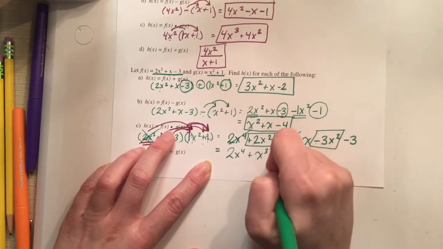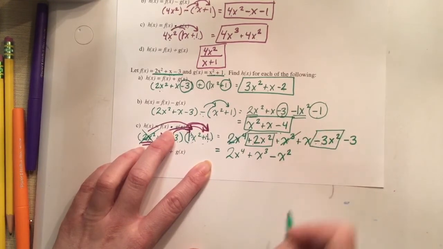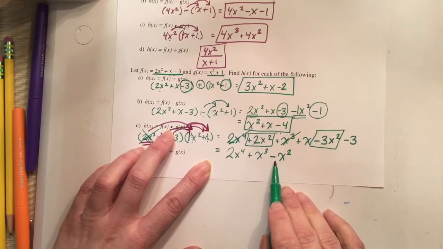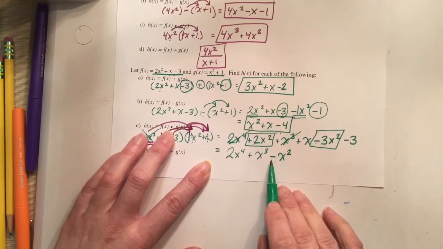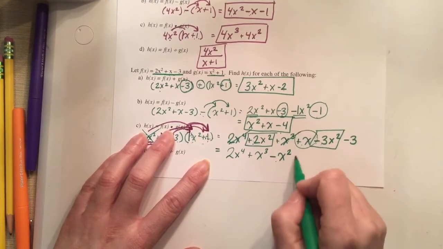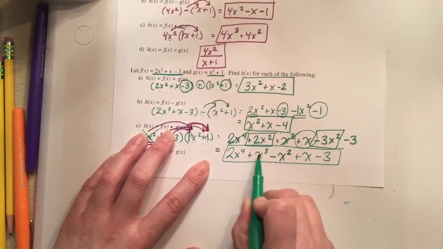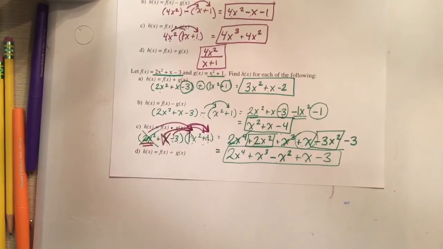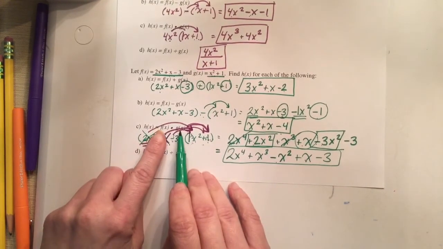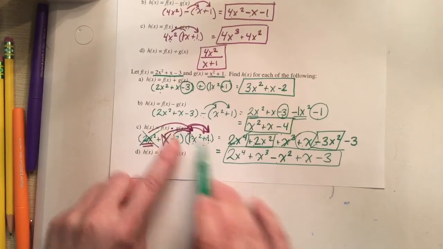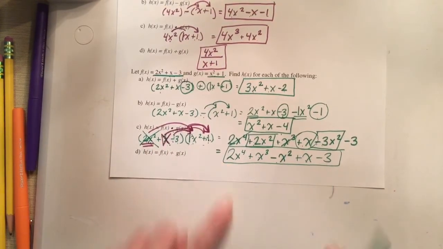Positive 2 minus 3 is negative 1. So remember, you could write it as a negative 1, or 1 can be unwritten, so just minus x squared. Then there's plus x minus 3. So I have 4x's, 3x's, 2x's, 1x's, no x's. That is your new function. So the cool thing is, we took 2 different functions, we multiplied them together to create a new function.